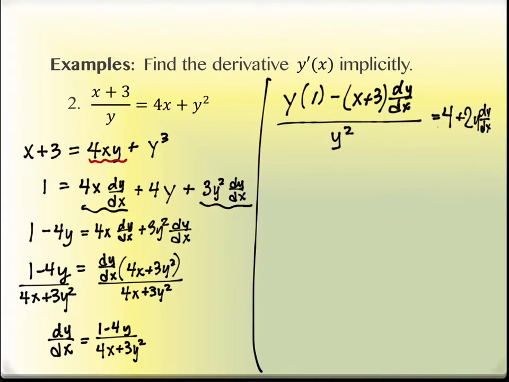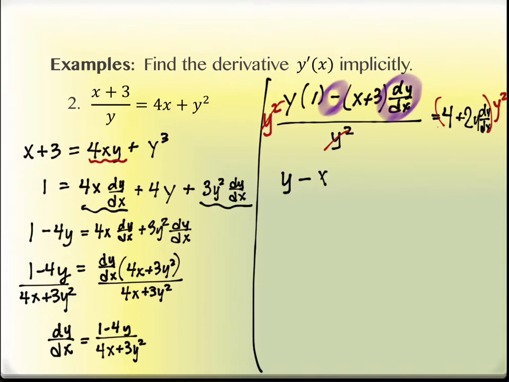Okay, we still have to solve for dy/dx, and they're kind of messy at the moment. So while I didn't do it before, I do need to multiply by the y squared now, because that's my new denominator on both sides. So of course they cancel here. I have y, and I'm going to distribute the dy/dx through and the negative through. So I've got this negative and this dy/dx that are both going through the x plus 3.